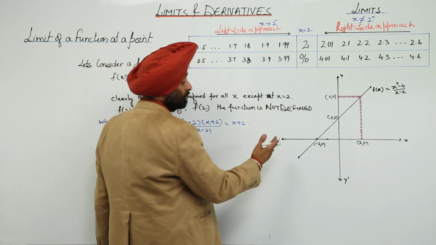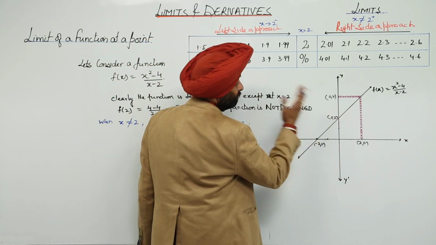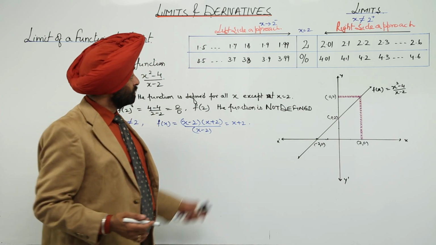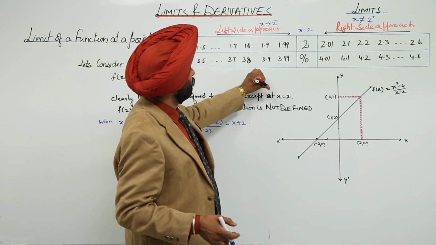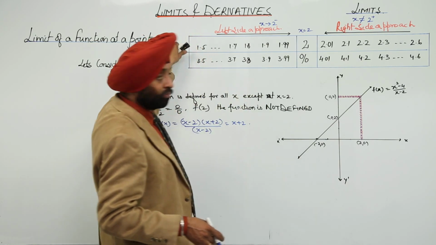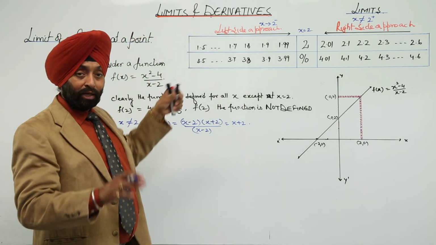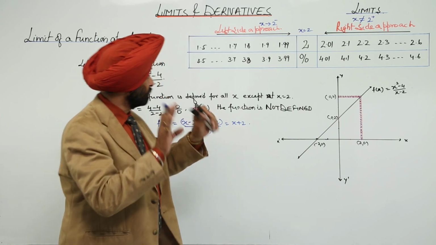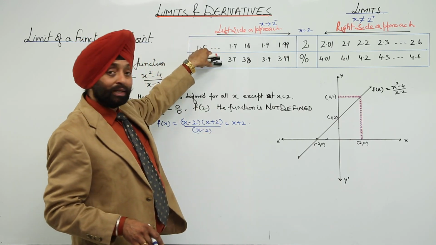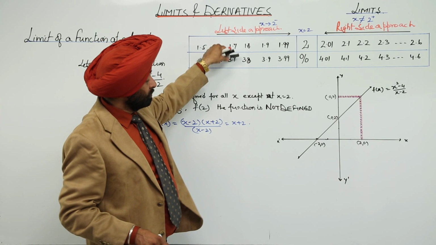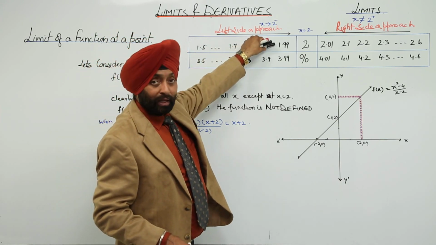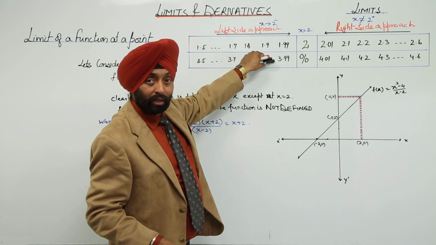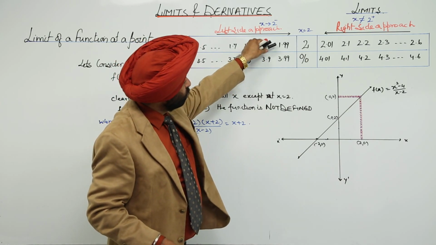Now, when we are approaching from the left side for the graph, what will the result be? Just look here. Instead of 2, we put values. Suppose it is 1.5, the result is 3.5. Then 1.7, we get 3.7, 1.8, 3.8, 1.9, 3.9, 1.99, we get 3.99.